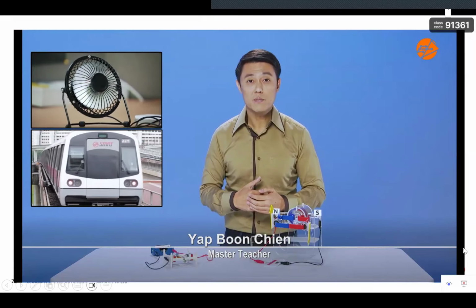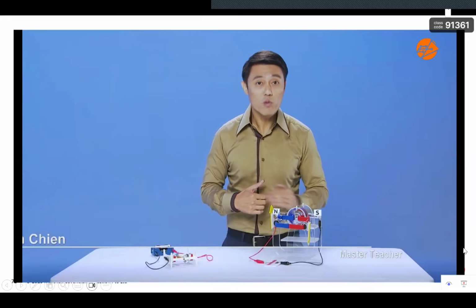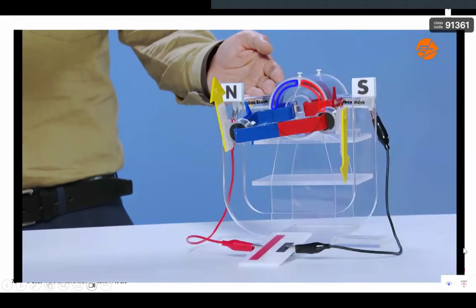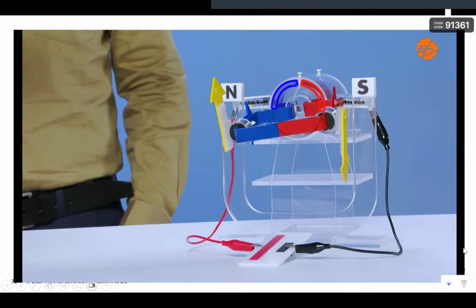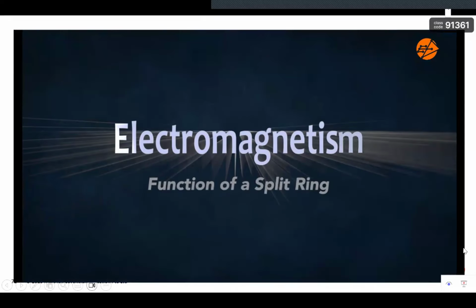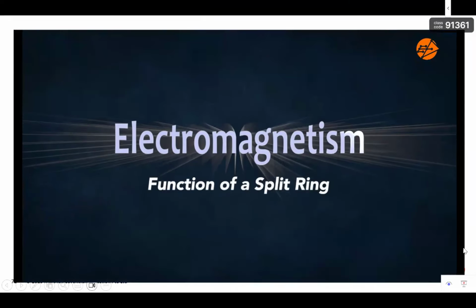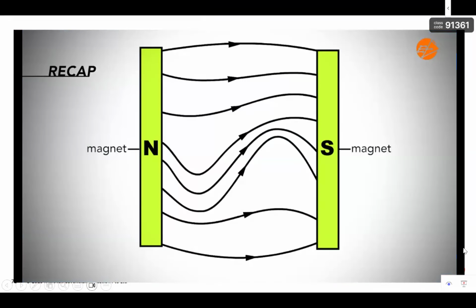Many objects around us operate on electricity. However, they will not move continuously without this component, the split ring. Can you recall how the magnetic fields from the current carrying coil and the permanent magnets interact?